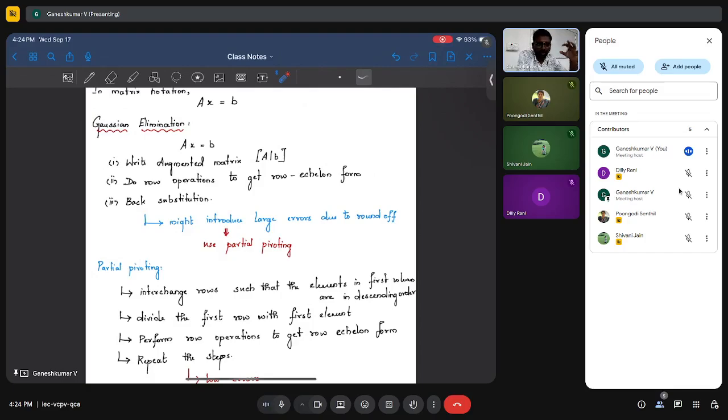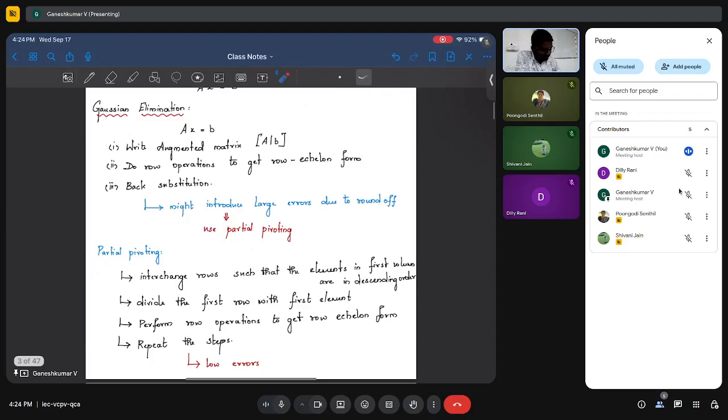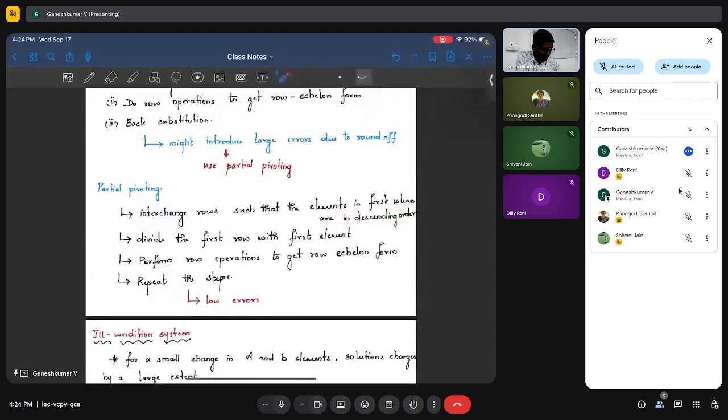To avoid that, people use partial pivoting, where we interchange rows such that the elements in the first column are in descending order. In the first column, you check which one has the lowest value and move it down, so that you can reach the row echelon form.